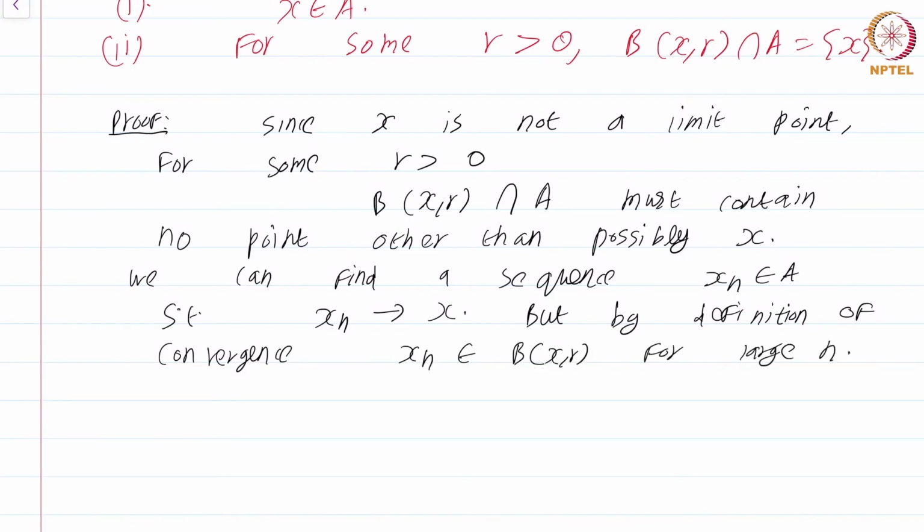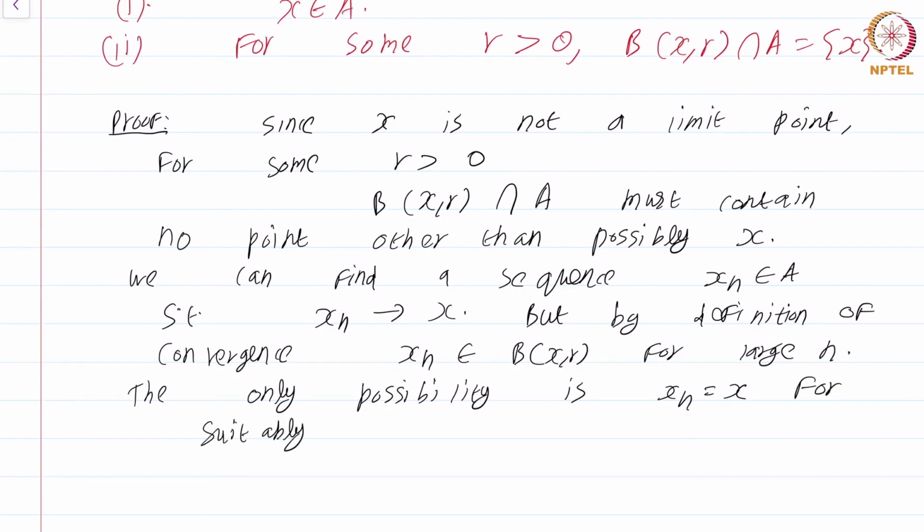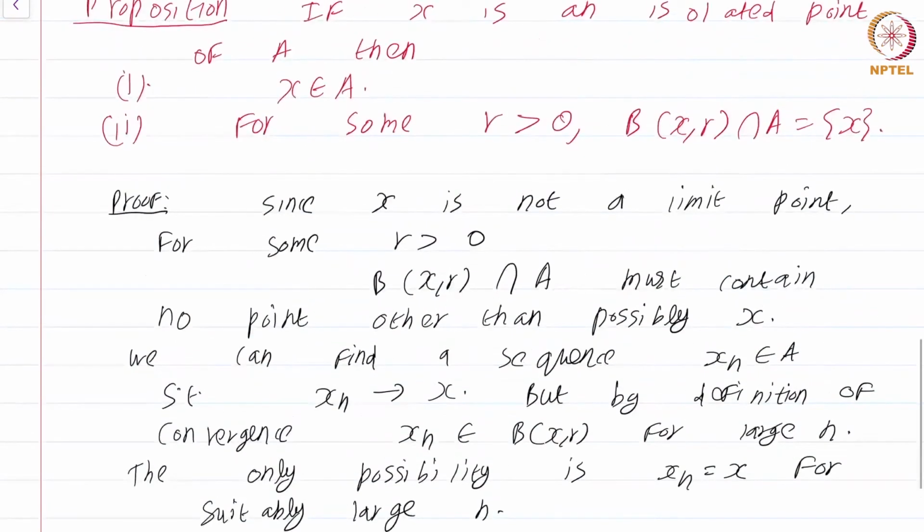The only possibility is x_n equal to x for suitably large n. Okay, this immediately shows both parts of the proposition. Both parts immediately now follow.